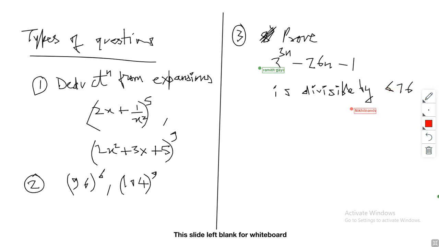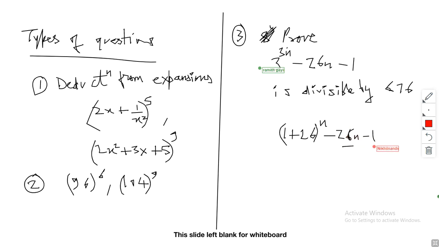So how we did this question was, I wrote 3 to the power 3 as 27. So 27 to the power of n. So I wrote (1 + 26)^n minus 26n minus 1, correct?